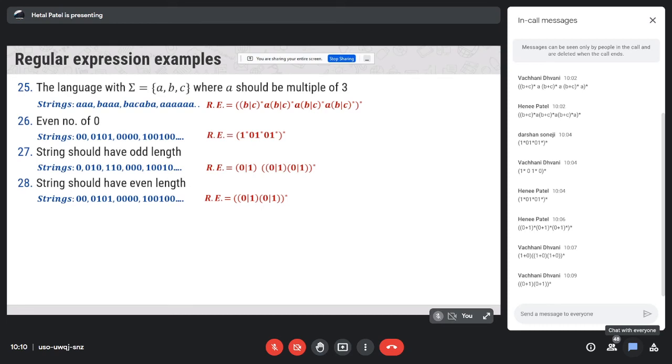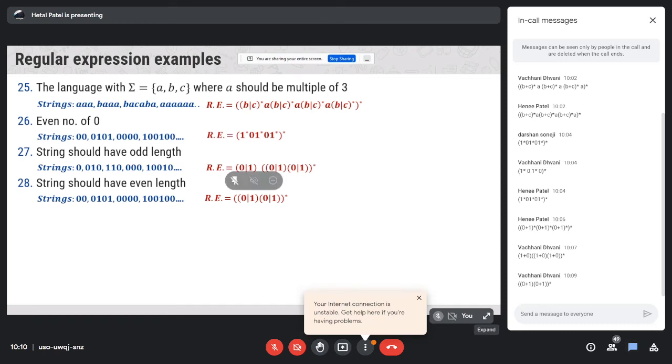Please, how many will you memorize? There are lots of REs available for lots of languages. So don't try to mug up the things. Please try to design it with your own logic. There may be a mistake, but after practice, you will get that. Please design it your own way.